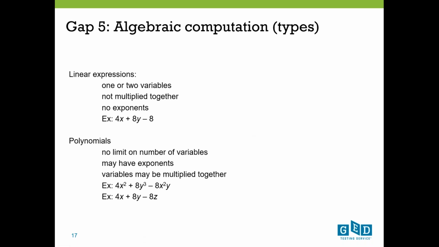Okay, so here's just some quick definitions on the difference between linear expressions and polynomials. One thing I really should have done was on polynomials, I should have included an example that has a constant, because I only concentrated on the differences. I should have included that both of these types can include constants. The -8 in the example under linear expressions is a constant.